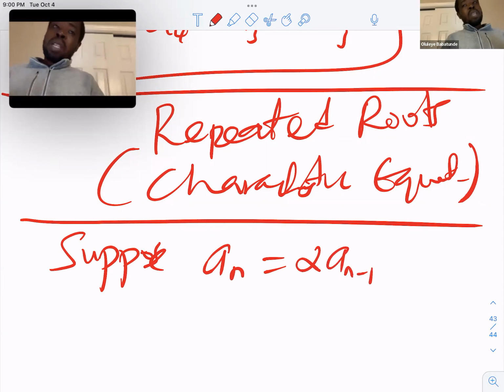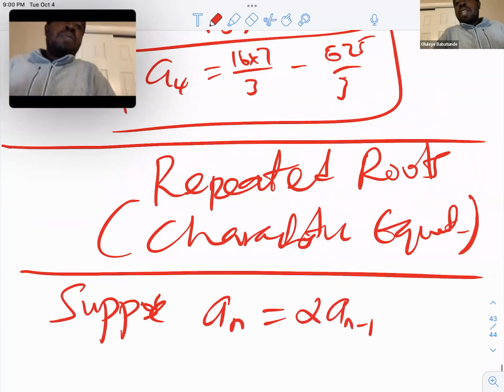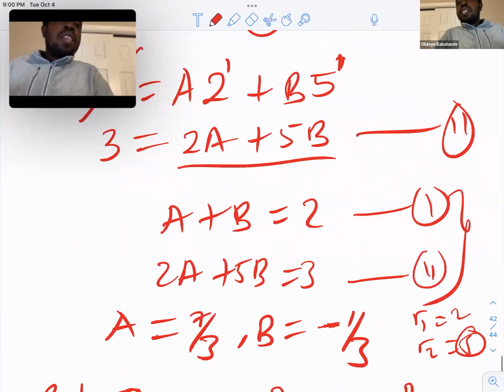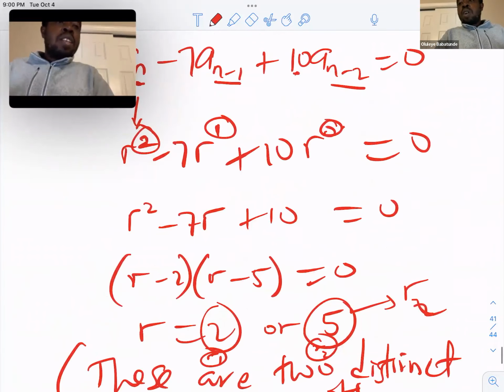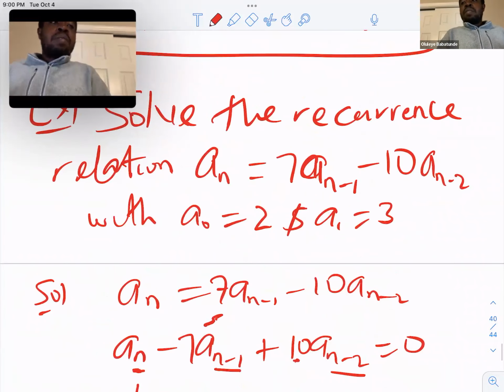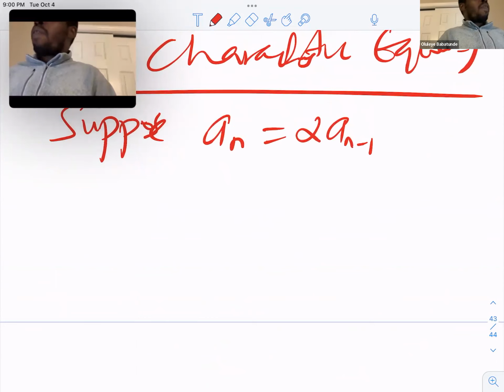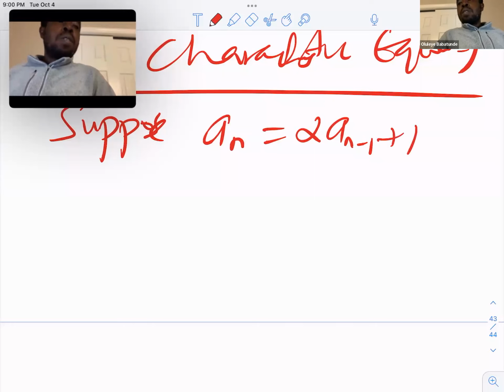The alpha just means any number; in the previous example, alpha was 7 and beta was -10, but they can be anything.